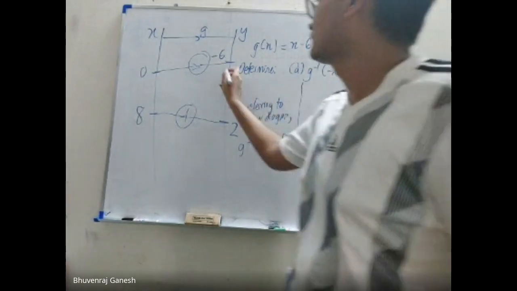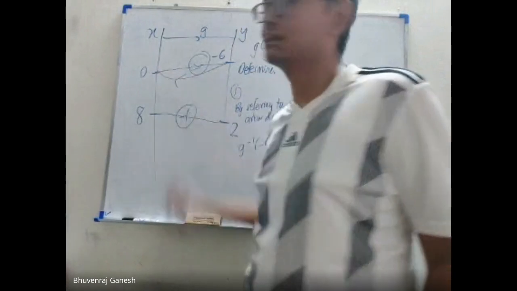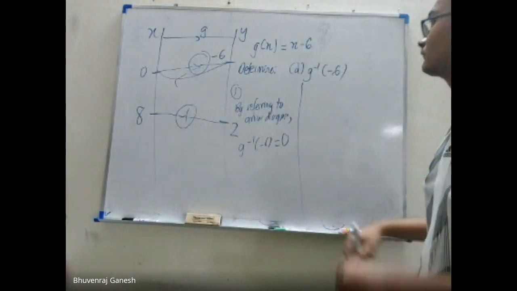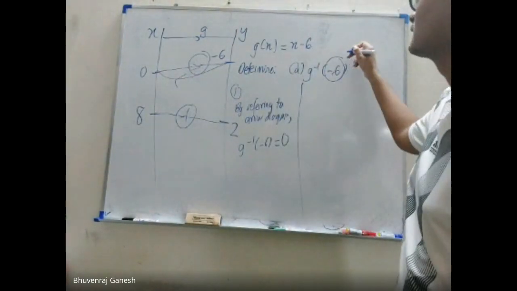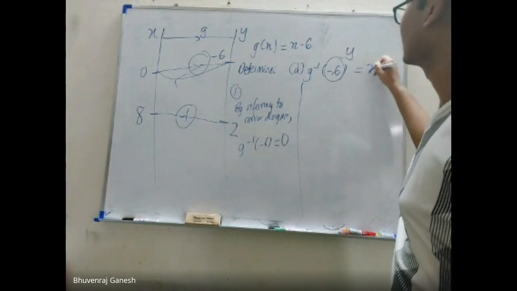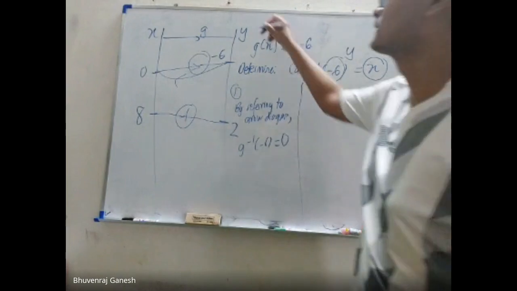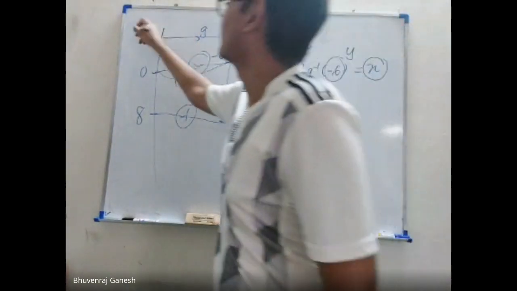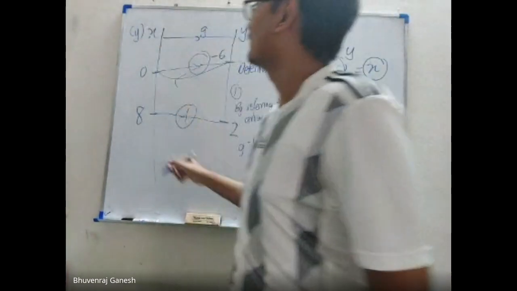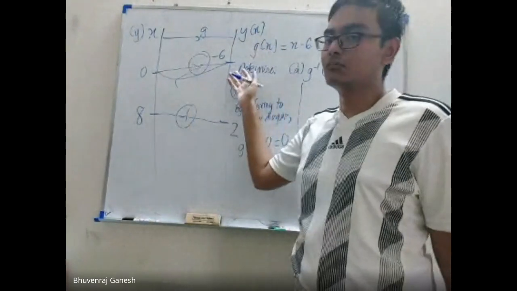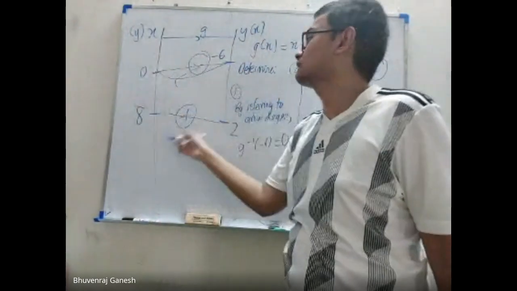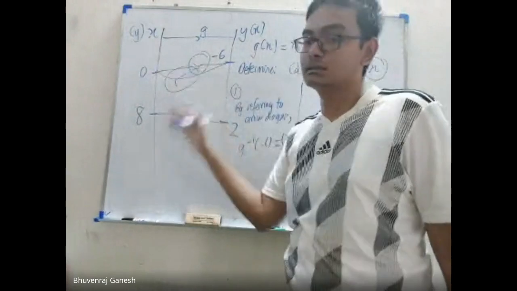It means you just cross back the same journey but in the opposite direction. Your negative 6 here is actually your y and you will get your x here. So this can also become your x and y depending on your arrows. If the right hand side becomes x and the left hand side becomes y, it's because of this inverse function. It changes the direction.